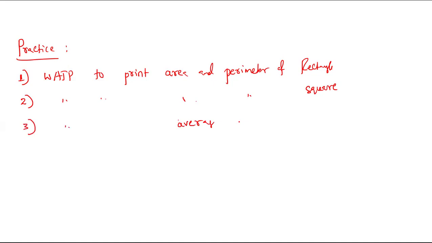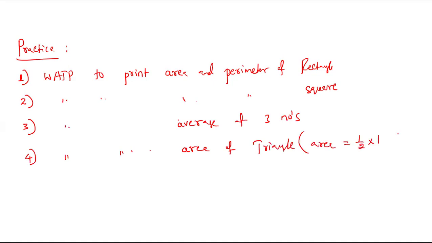These three are almost done. Then the extra thing I am going to give: write a Java program to print the area of a triangle. The mathematical formula for area is half into base into height. And again, I'm saying clearly, it's not Java code, it's a math formula. Then followed by the next thing.